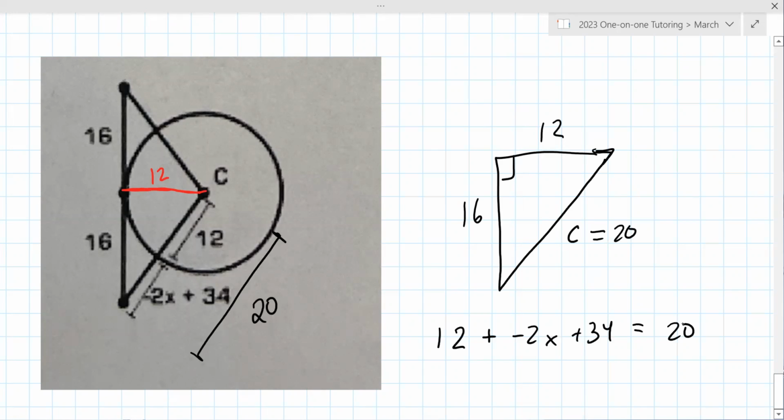That's much easier to solve than squaring something else. X is 13. Yes.